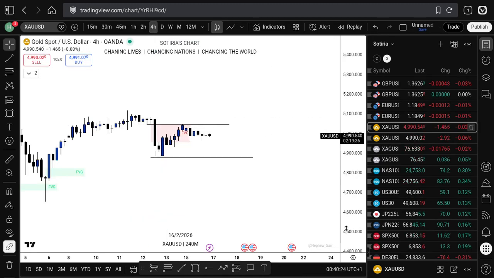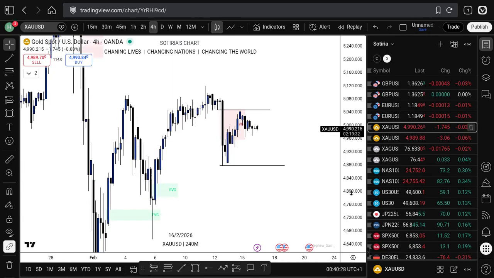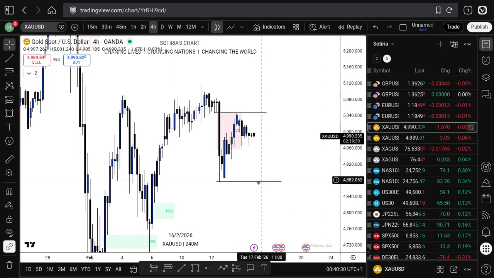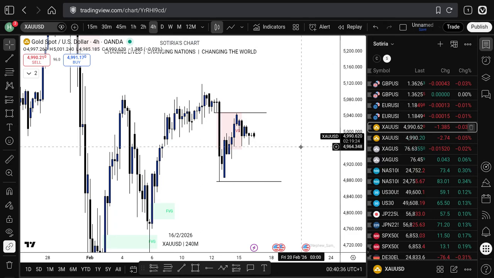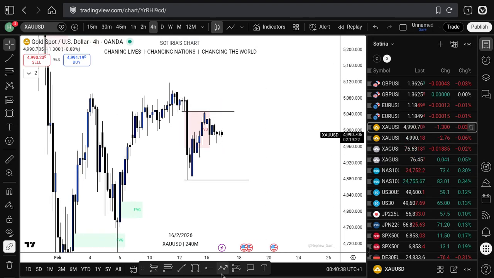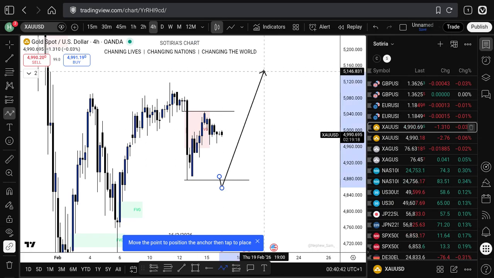So because of that range and that drop close below, price did not reject, so I expect this low to be taken before we can continue the move back up. So that's what I expect on gold. I expect gold to come back, take this level and boom.